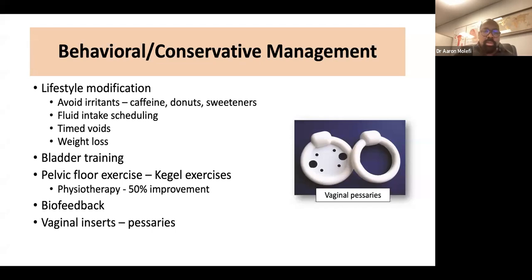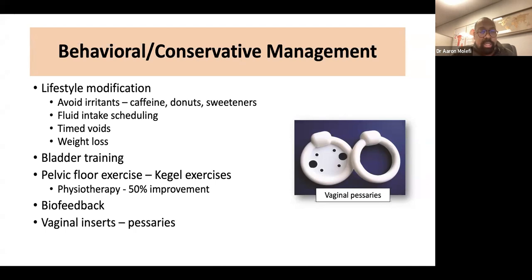Fluid intake scheduling might actually help. Let's say maybe this patient is suffering from severe nocturia, or maybe they wake up about 3-4 times a night. They shouldn't take fluids before they go to bed, or they should have their supper earlier, maybe earlier than 9 or 10 o'clock, because otherwise they are going to have to go to the bathroom now and then.